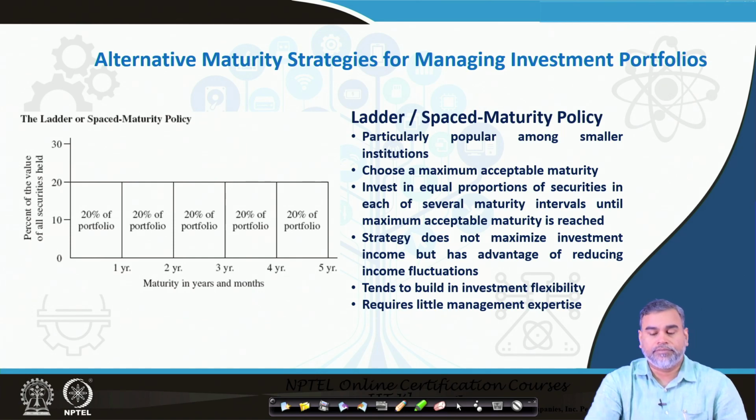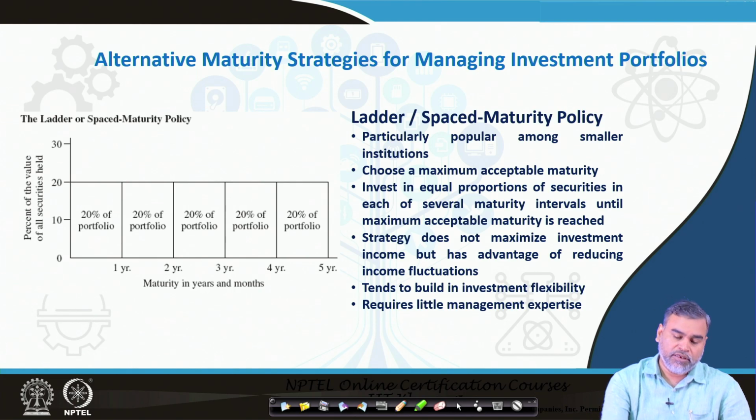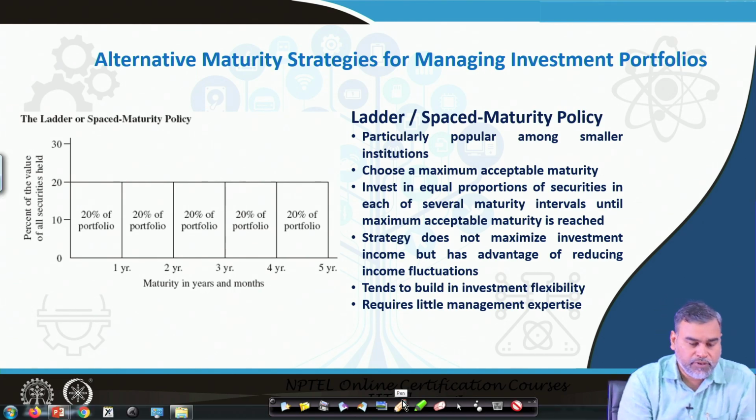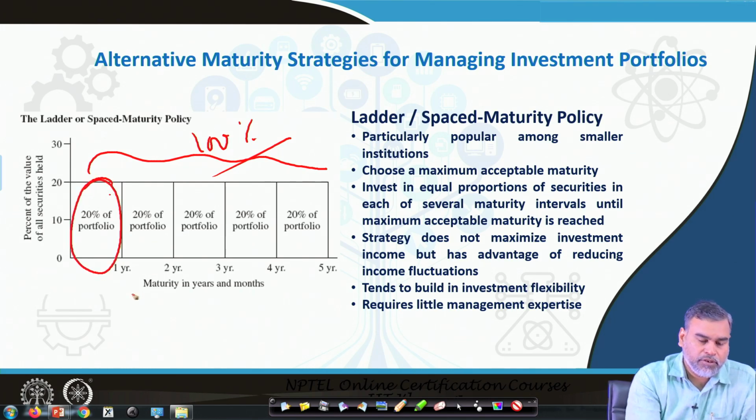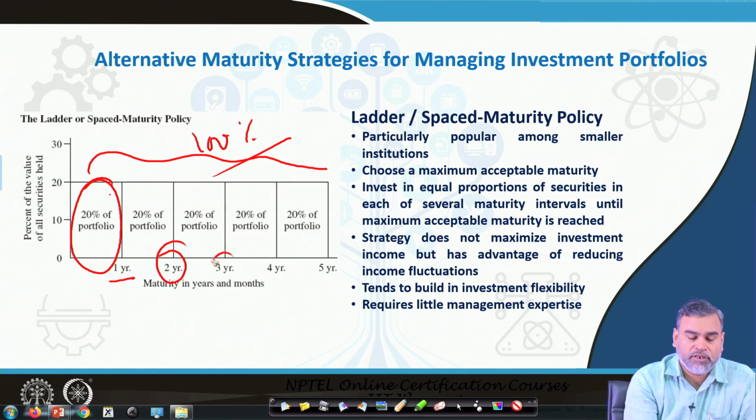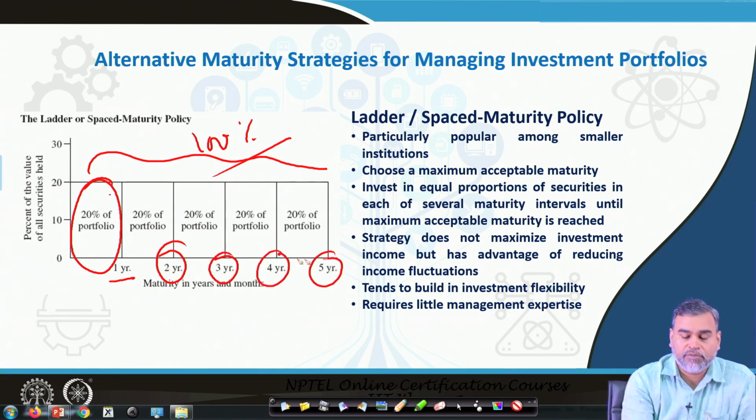Make a ladder until the maximum acceptable maturity is reached. If you see this particular diagram, this talks about your 100% portfolio, then 20% of the portfolio you can invest up to 1 year maturity, another 20% 2 years maturity, 3 years, 4 years and 5 years.